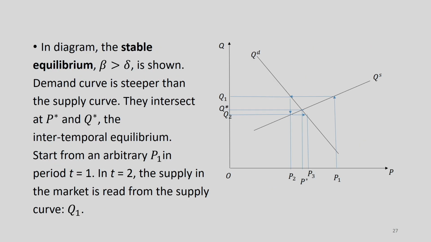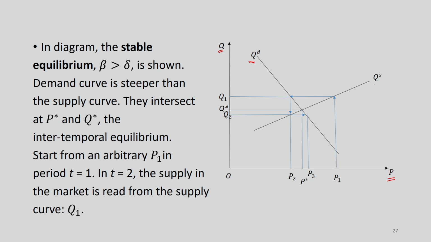Okay, I have drawn the diagram for this is the case of stable equilibrium where beta is greater than delta. So, as you can see the line QD, right, this is quite steep, whereas the line QS is not that steep, it is relatively flat. In this case, if you have noticed, I have represented price in the horizontal axis, all right, and quantity along the vertical axis, right.